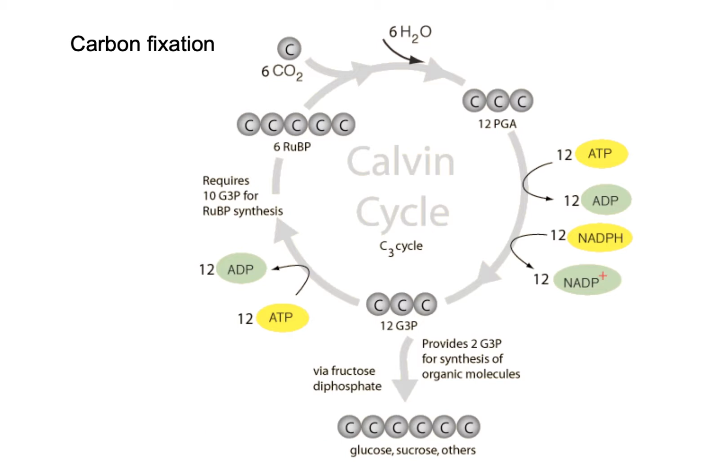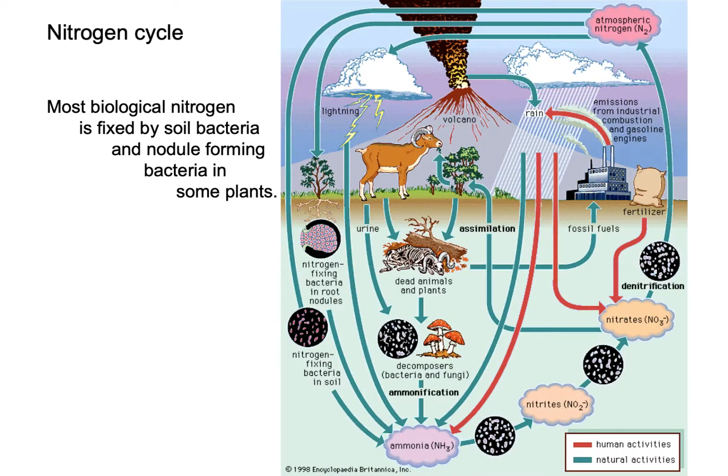So again, this wouldn't be found in most bacteria, but it's found in cyanobacteria and a few other bacterial cell types. In addition to carbon, nitrogen is extremely important. It's present in amino acids and proteins and nucleic acids, so it's vital.